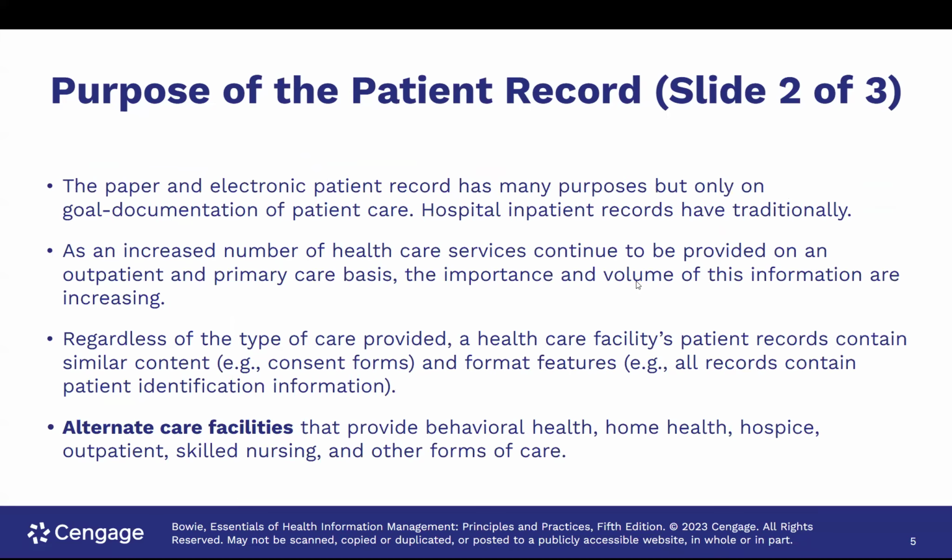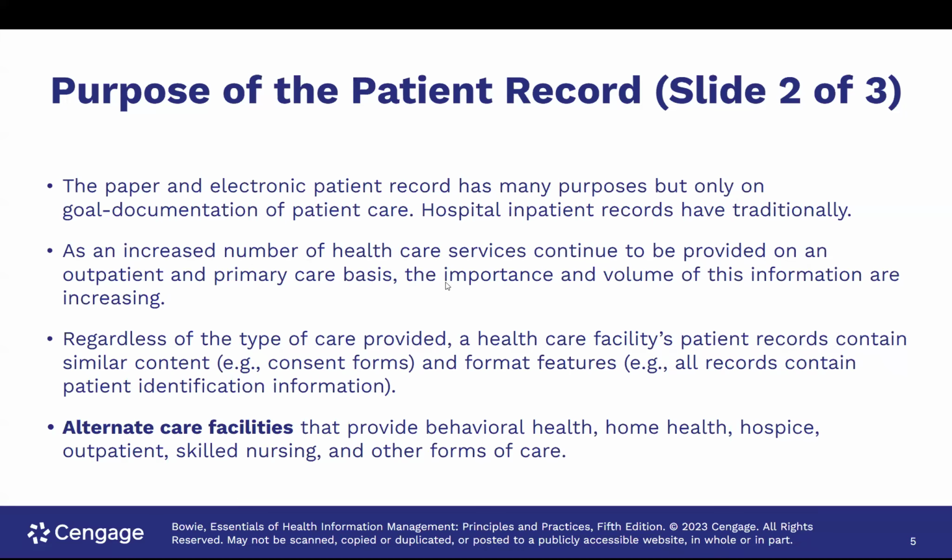With more and more healthcare services being provided on an outpatient and primary care basis, medical record health information is going to increase. And this is going to increase even more now with all these electronic wearable devices, these Holter monitors, all different types of things that can upload information to a patient's record.